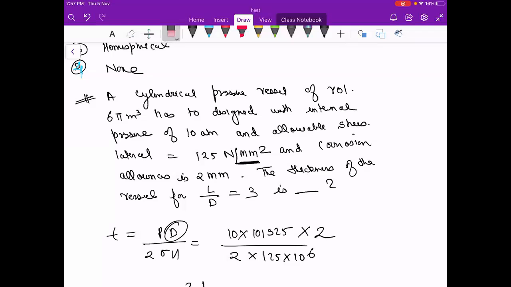But please take care in questions. I have also made such mistakes in my BTech, whether to take diameter or radius. Be focused, because this small mistake makes the question wrong.